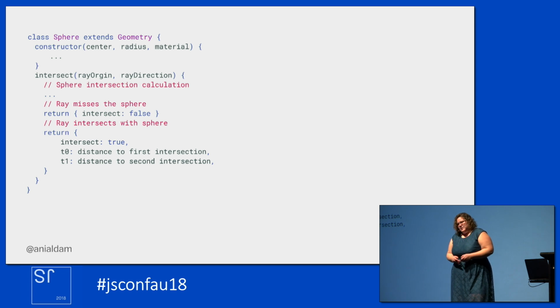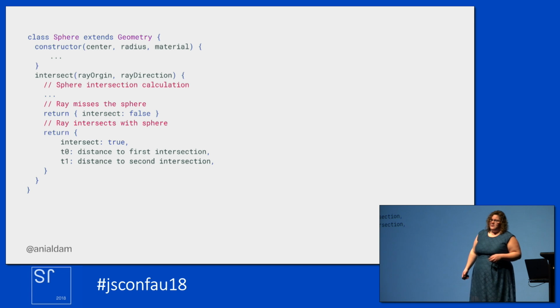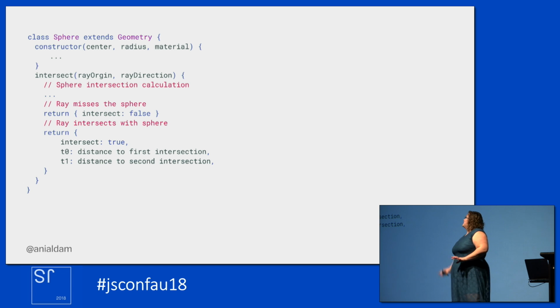So first, we want to think about the concept of geometries. There are lots of primitive shapes that we can describe mathematically, and one of the easiest shapes is the sphere, because basically what it needs to define a sphere is a center and a radius, and boom, we have a sphere, right? Cool. So we're only going to do spheres for the beginning.